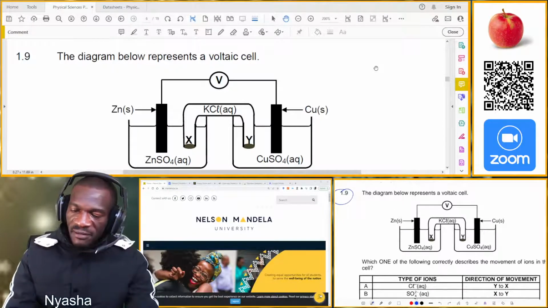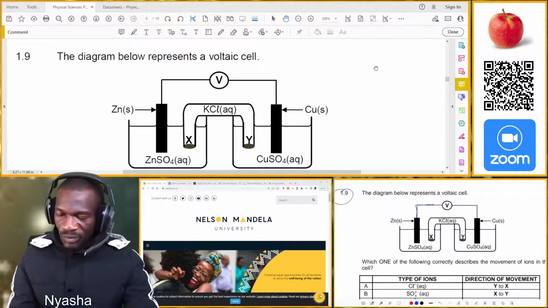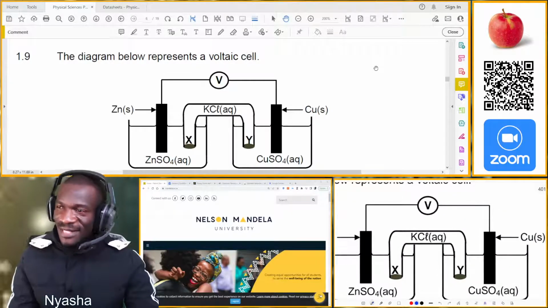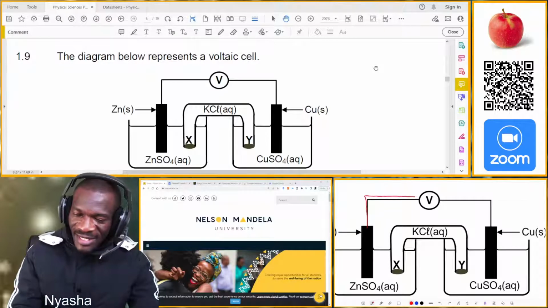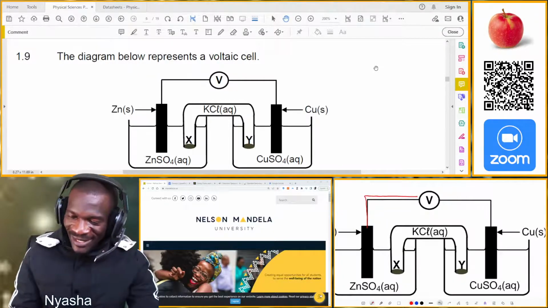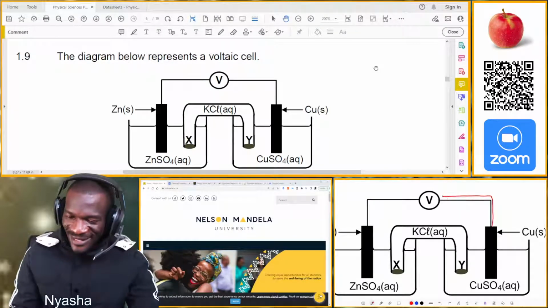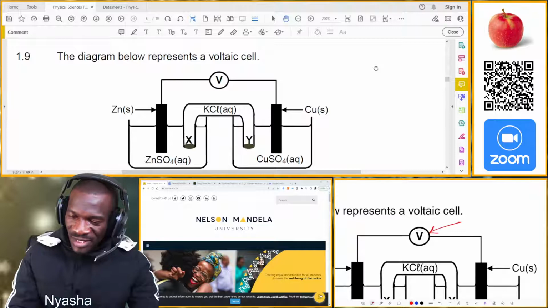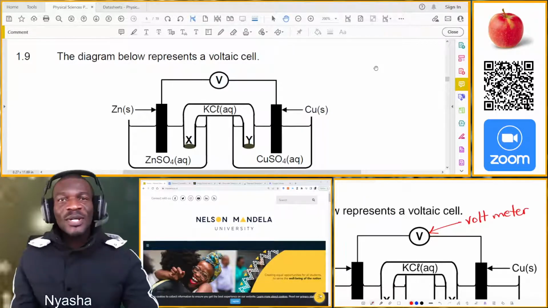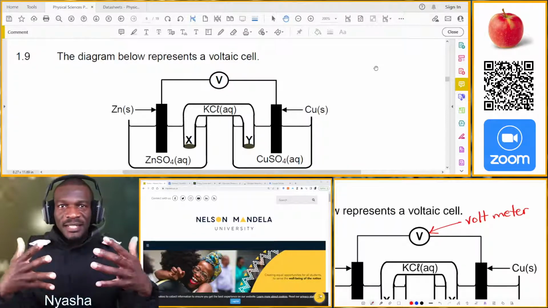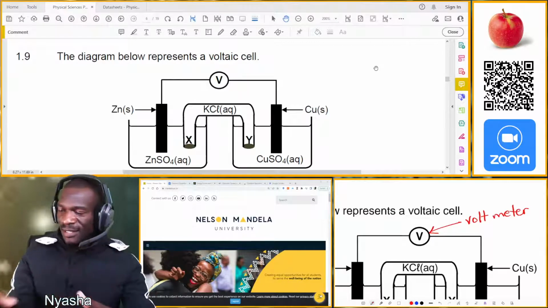Then we have the terminals of the electrodes. What's happening to these terminals? Can you see that these terminals are connected to a meter? Which meter is this one? This is a voltmeter. Now this is where you see physics and chemistry interlinking.